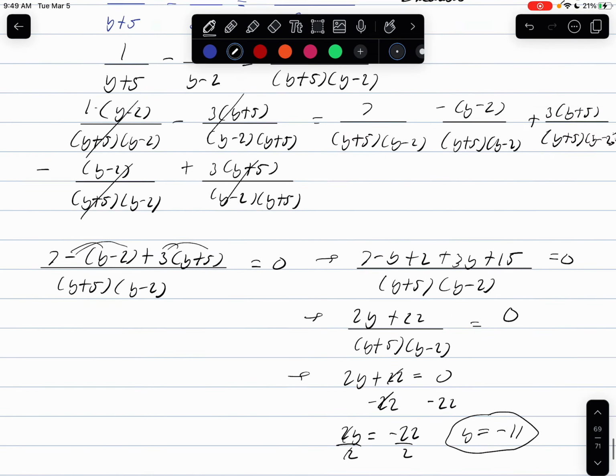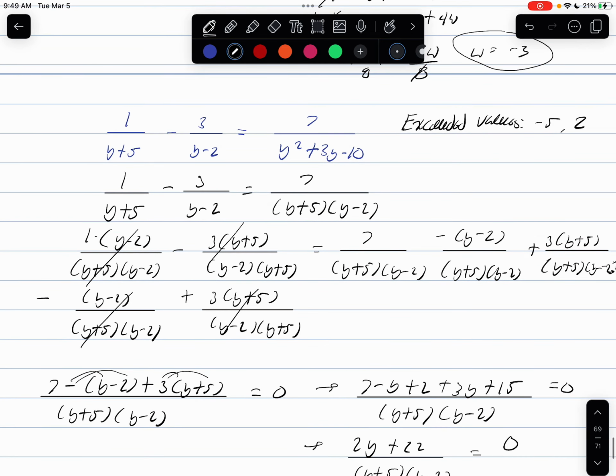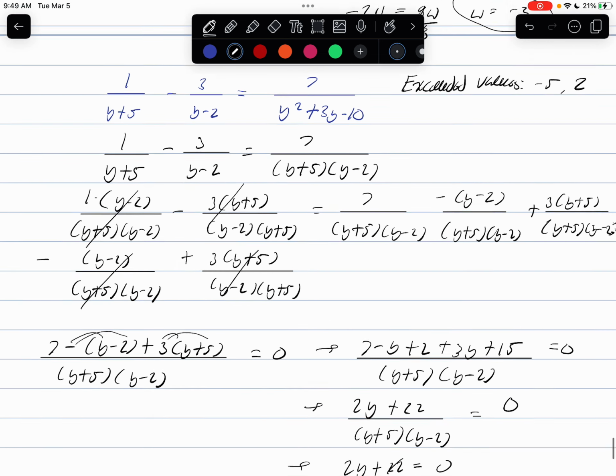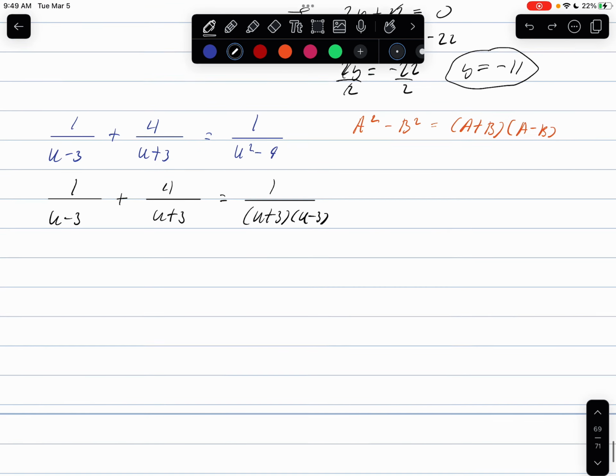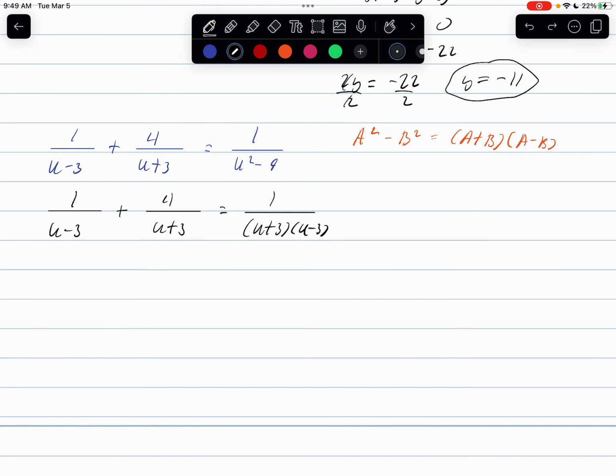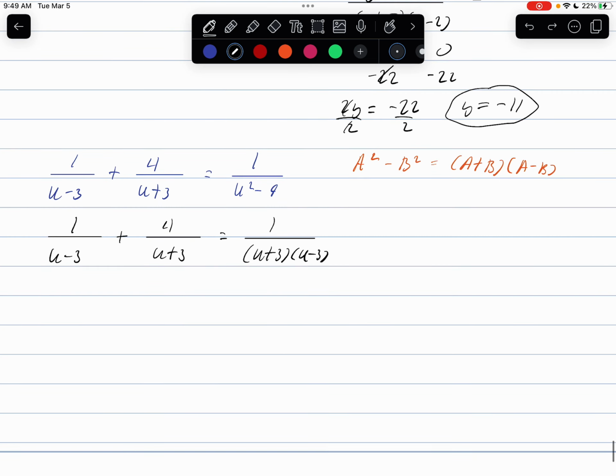What we did last time was multiply 1 over y plus 5 and 3 over y minus 2 by this denominator over itself. What we're going to do here instead is multiply both sides of the equation by this denominator here.